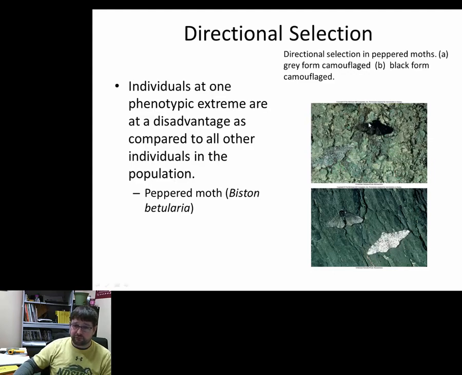And then there's the dark, melanized form, which would be black or dark gray, and doesn't fit the light tree very well, but definitely fits the soot-covered tree very well. So we see this population shift, because in one case a phenotype is a disadvantage, and in the other case it's an advantage.